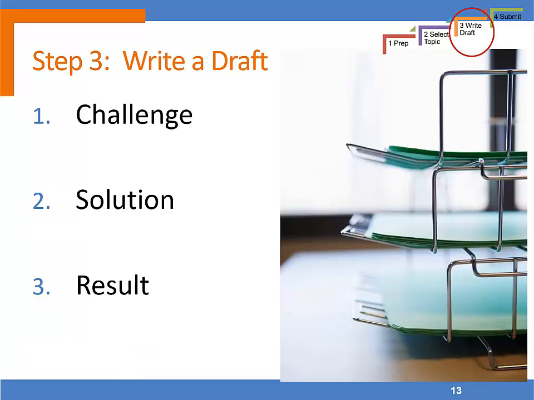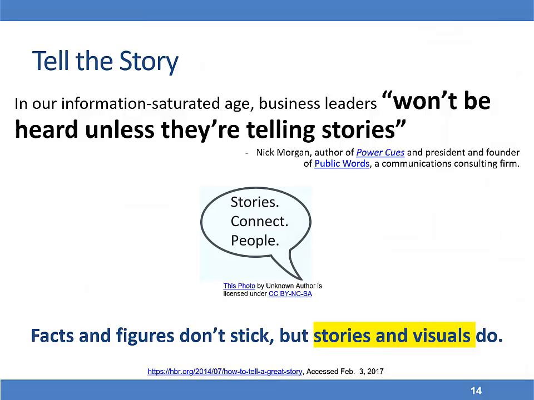When you're writing your first draft of your abstract, there's a format that works well for this, and we call it the challenge solution result format. Basically, what you're looking to do when you're presenting to an audience is you're telling the story. You're telling a story about your particular situation, about what you found, a difficulty that you encountered, or something new or unexpected that you found, or some research that you've done.